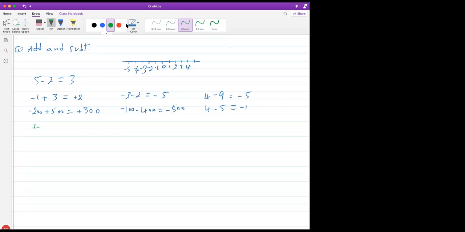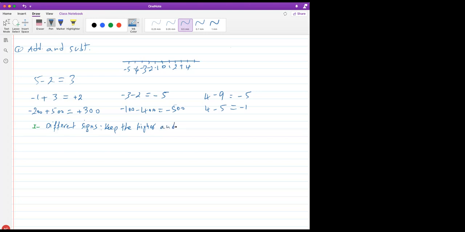Number one, with different signs, keep the sign, keep the higher sign. By that we mean the sign of the higher number.